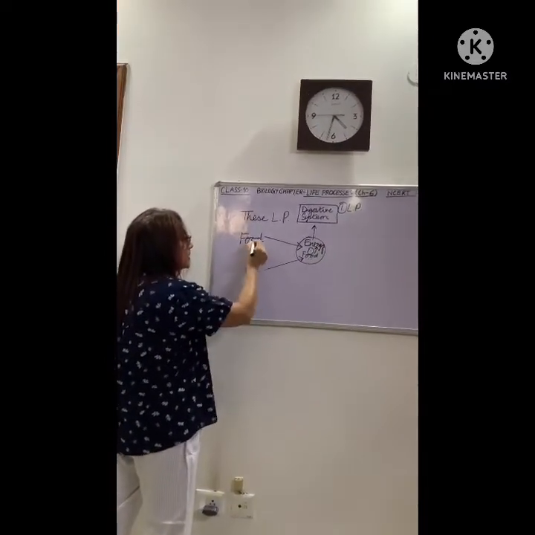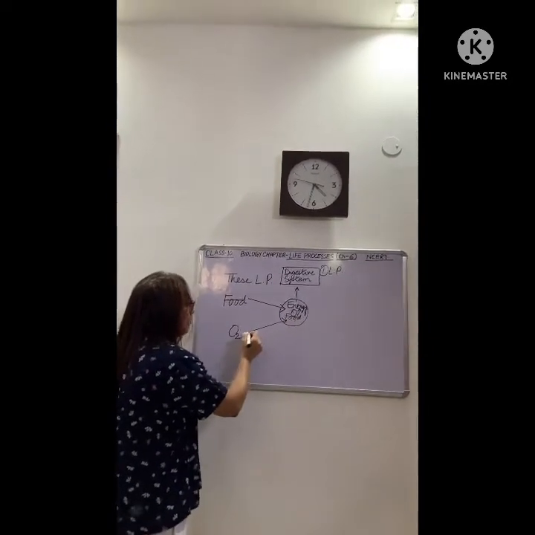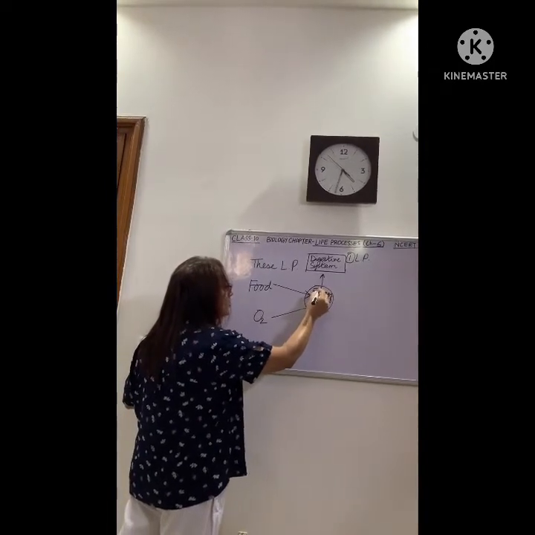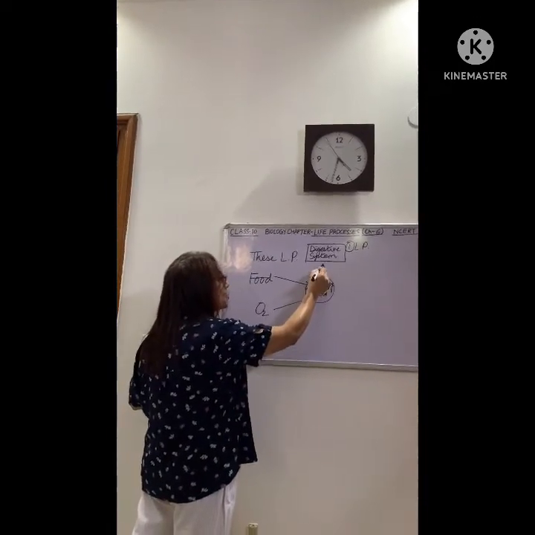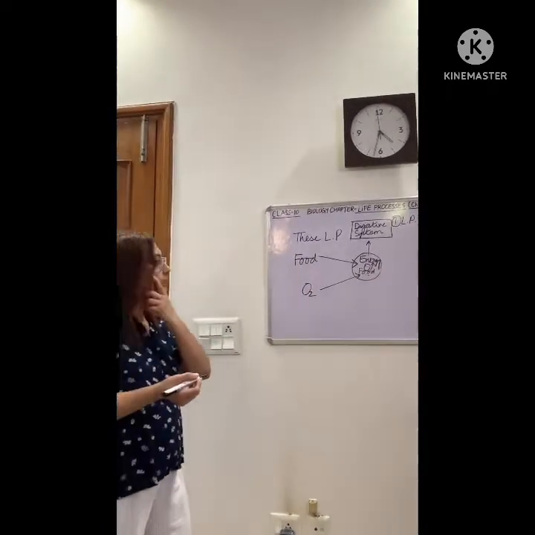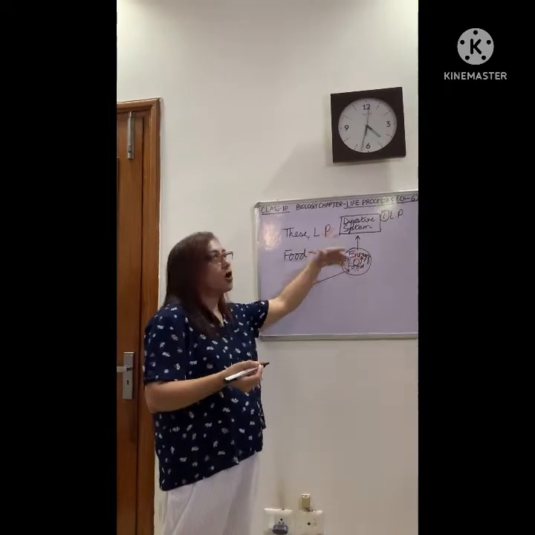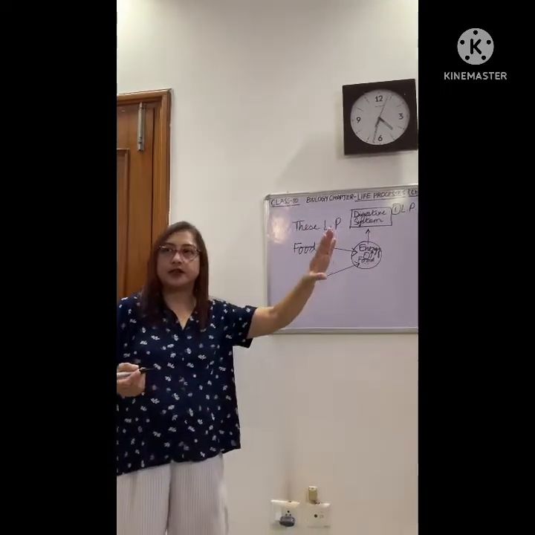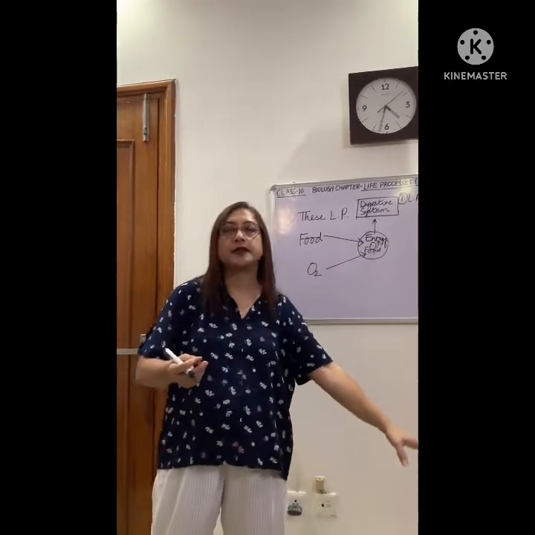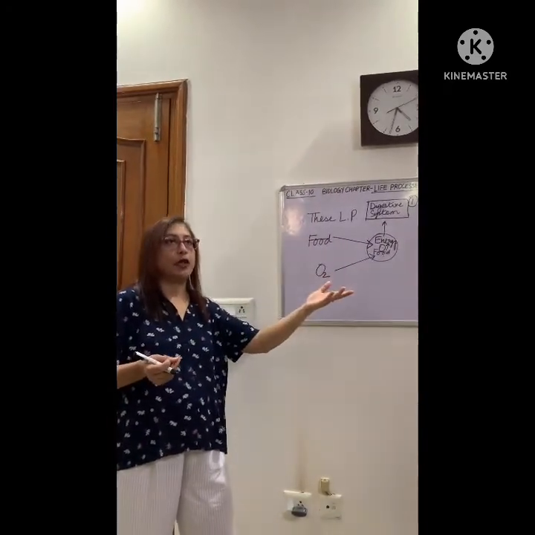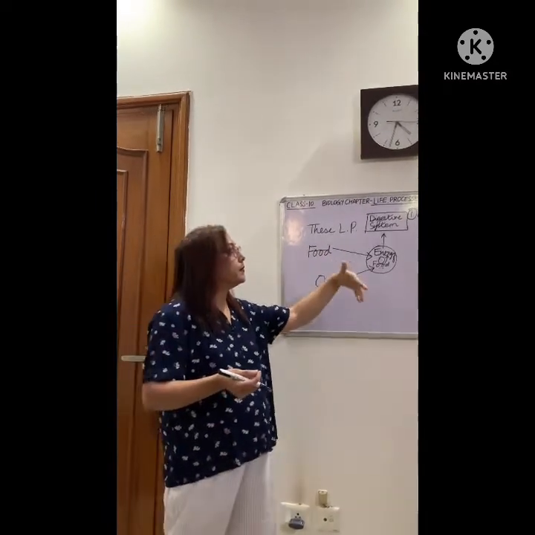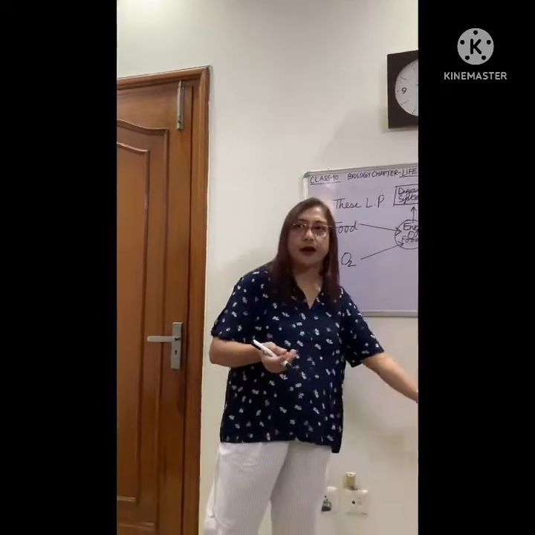This energy is used to perform various life processes. This energy is not directly used. It is utilized in various biochemical reactions, and through those reactions the various life processes are carried out.